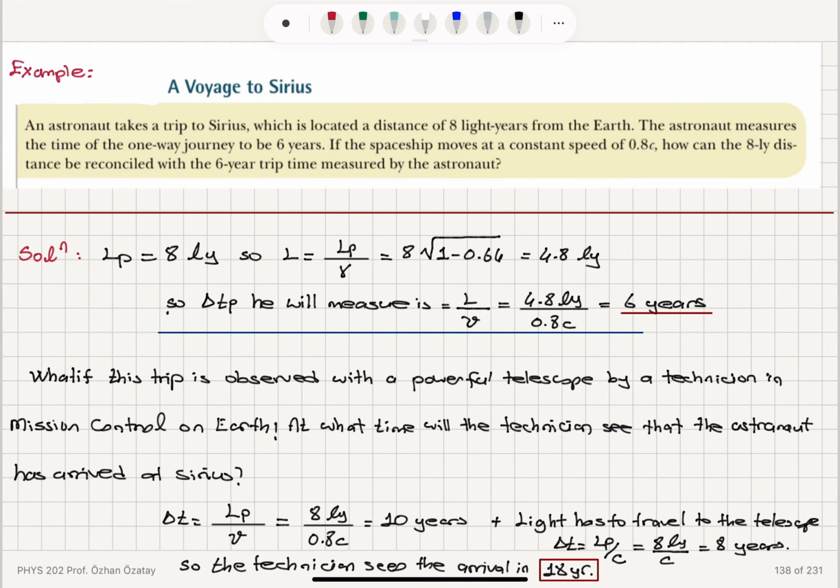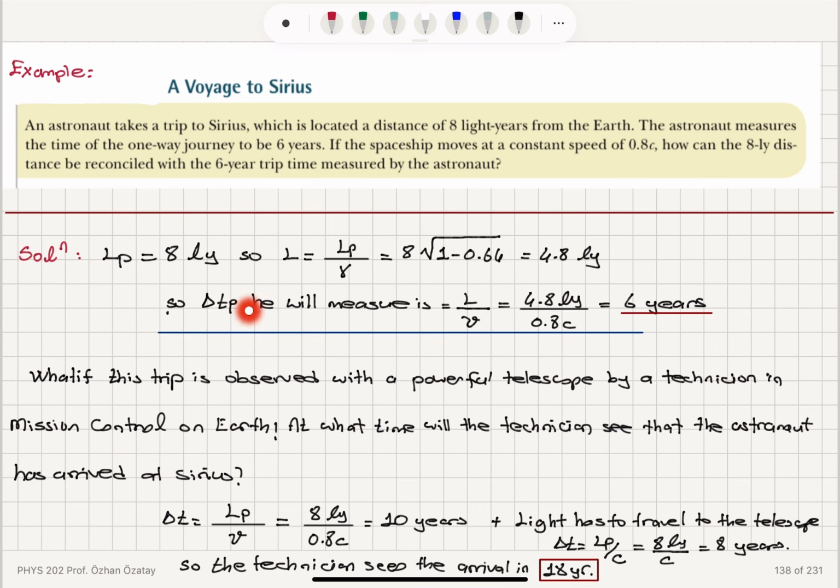All right. Then we talked about a voyage to Sirius example. An astronaut takes a trip to Sirius. Who is measuring the proper length? The Earth observer sees the Sirius and Earth at rest, so approximately 8 light years is the proper length. The length measured by the astronaut is length that is contracted by the relativistic correction factor, 4.8 light years.